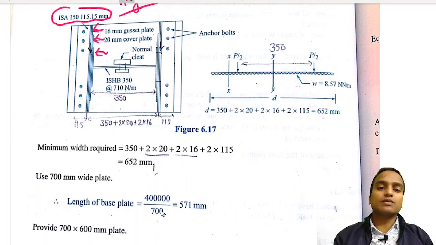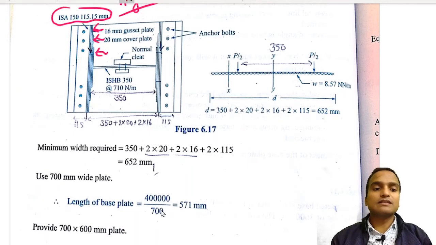Now the minimum width required can be calculated here using this angle section, since this is 115 mm, because we have chosen an angle section ISA 150 into 115 into 15 mm.